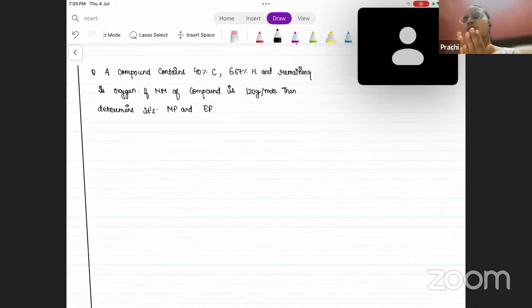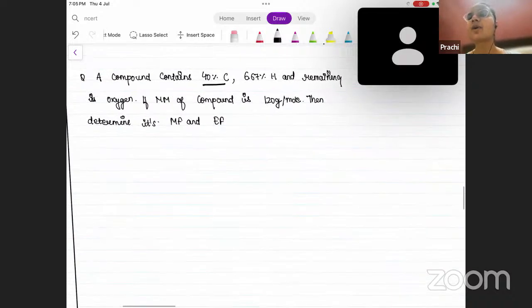So we will understand the empirical and the molecular formula through an example, a numerical. Let's suppose you have a numerical which says a compound contains 40% carbon, 6.67% hydrogen, and the remaining is oxygen. If the molar mass of the compound is 120 gram per mole, then determine its molecular formula and the empirical formula.